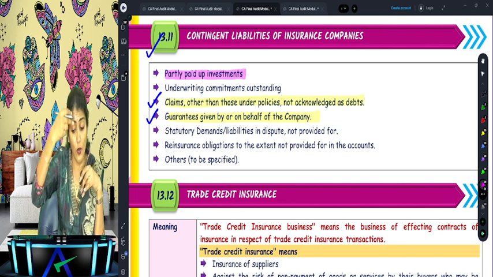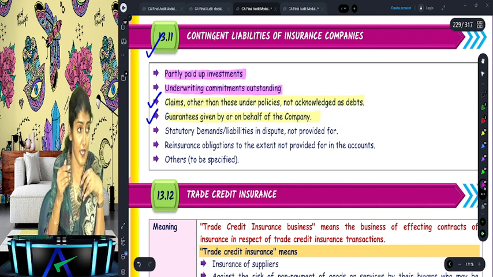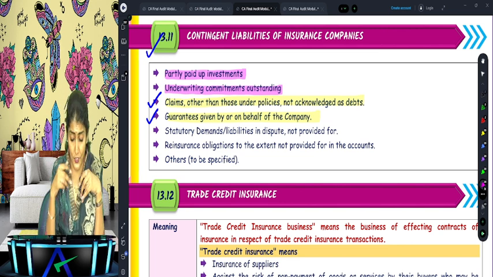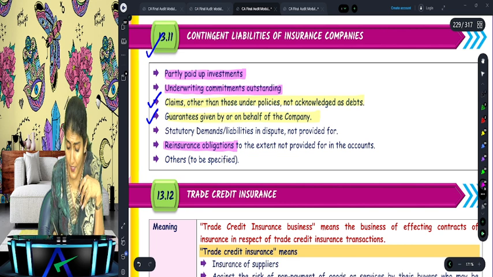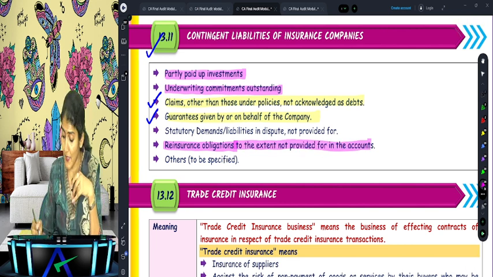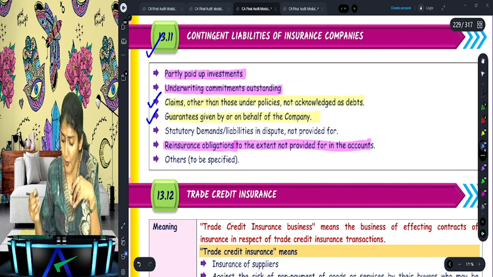Yes, so it is a contingent liability. Then the underwriting commitments which are outstanding. Underwriting means where they have done the reinsurance. Then reinsurance obligation to the extent not provided for in the books. To the extent provided for, it is a provision; to the extent not provided for, it is a contingent liability.